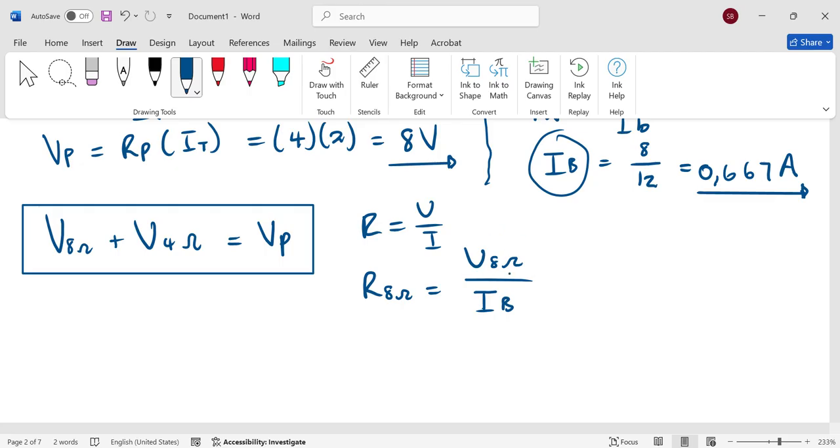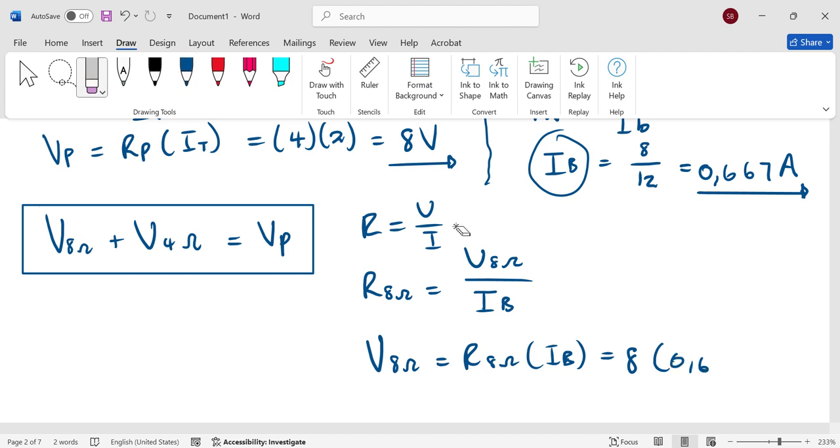So if I want V8 ohms, it's R8 ohms times IB, which is 8 ohms times 0.667 to avoid any rounding off errors. We get 8 times that, which gives me 5.33 volts.